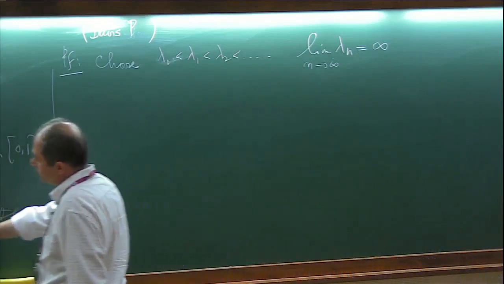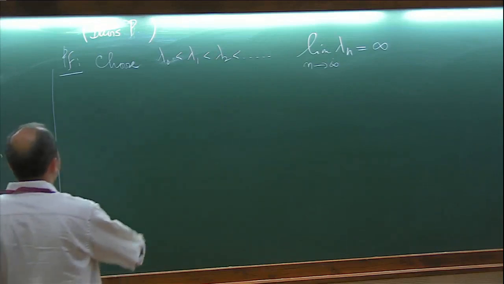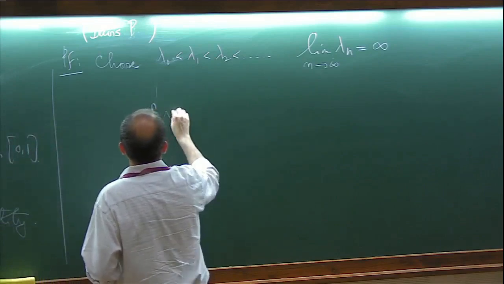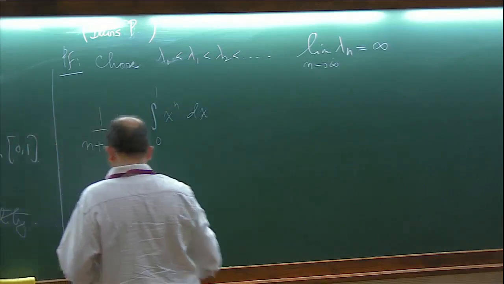If I have to create a quadrature identity for all polynomials, I look at x to the n for some n. If I can express the integral of x to the n from 0 to 1 as a linear combination for all possible n, then I'm done. So that's the idea. The integral of x to the n dx is 1 over n plus 1.